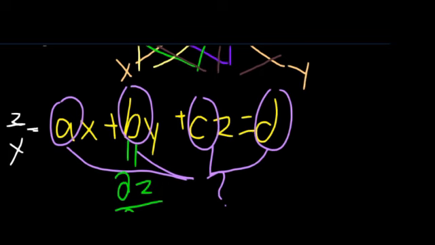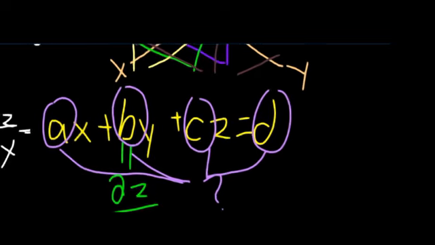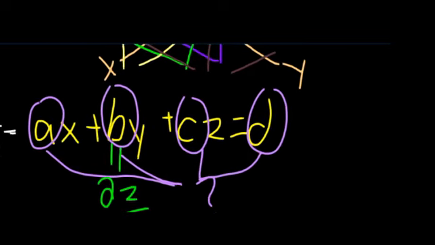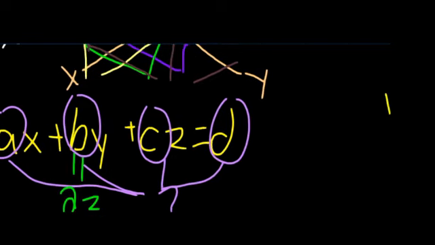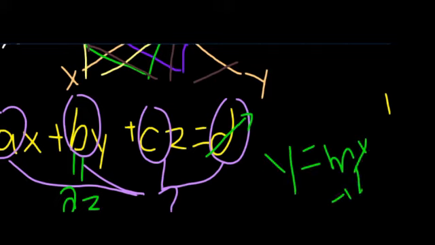And d, you can say, is the b of z. So remember y equals mx plus b. This d is the z's b, if that makes any sense.